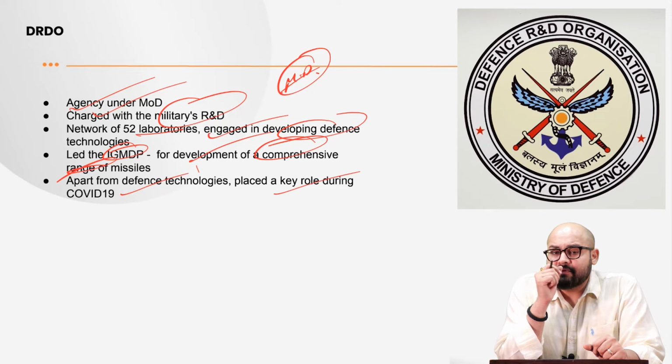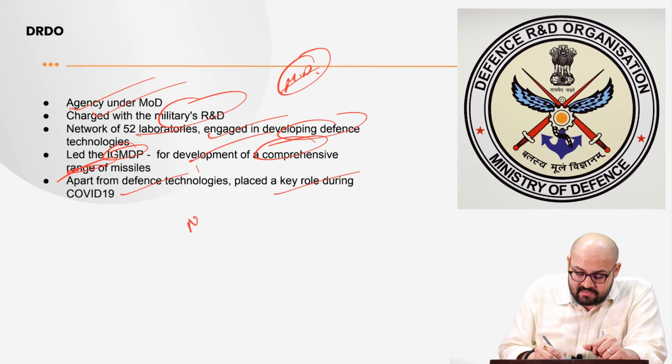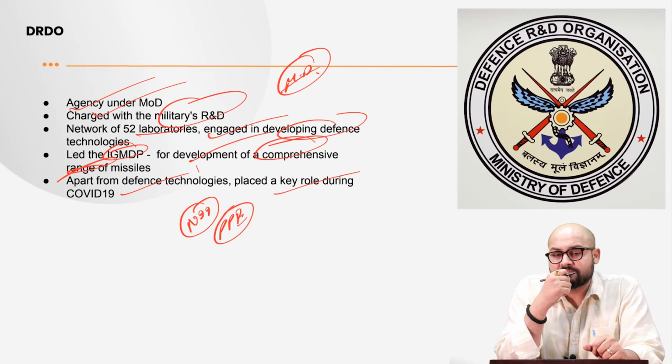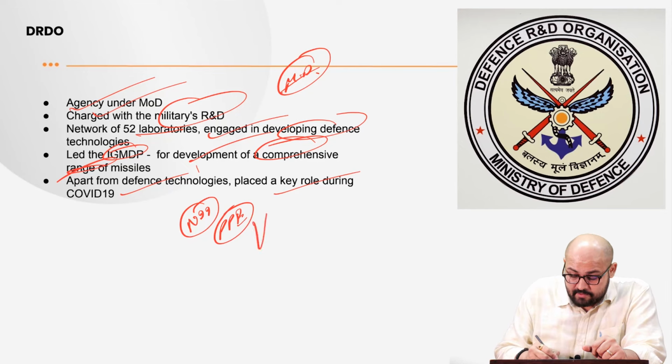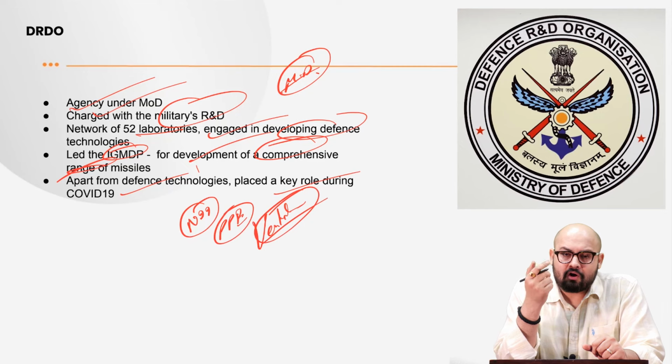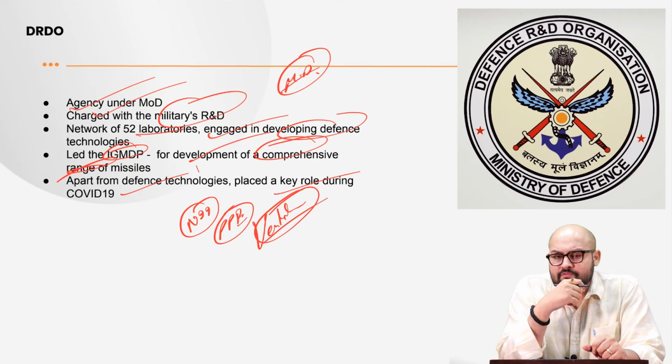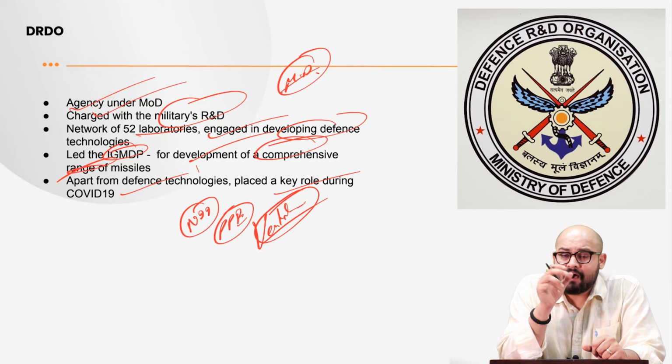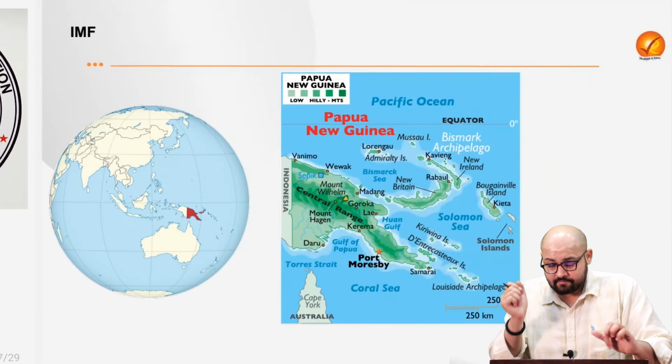It transferred technologies with respect to N99 masks, PPE kits, and face shields. It also transferred technology with respect to the ventilator, right? So what we see is that it has been contributing a lot to the nation's security, and it has been working 24/7 to give India the edge in defense technology, and ultimately so that India can also emerge as a hub for defense exports.